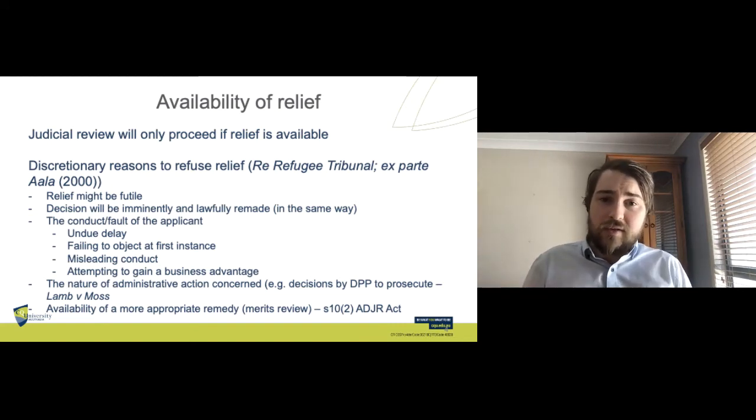And so if merits review is available to an applicant, the court might say, maybe you should try that one first before you come to us, because we don't have as much scope. We don't have as many remedies available to us as under merits review, so try there first.